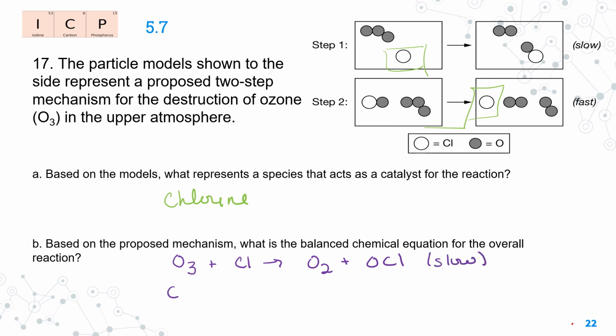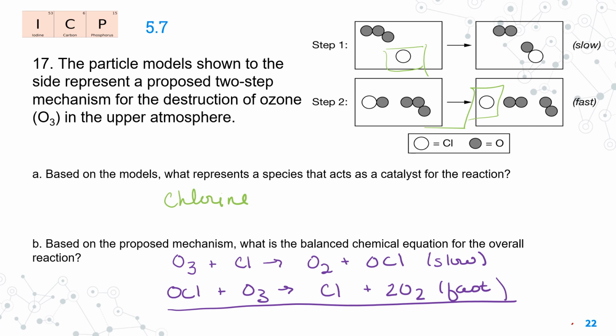And then I'm going to have OCl plus O3, which is going to yield Cl plus 2O2. And this is my fast step. If I add these together, I'm going to get 2O3 yields 3O2, because my chlorine is a catalyst and my OCl is going to be my intermediate.